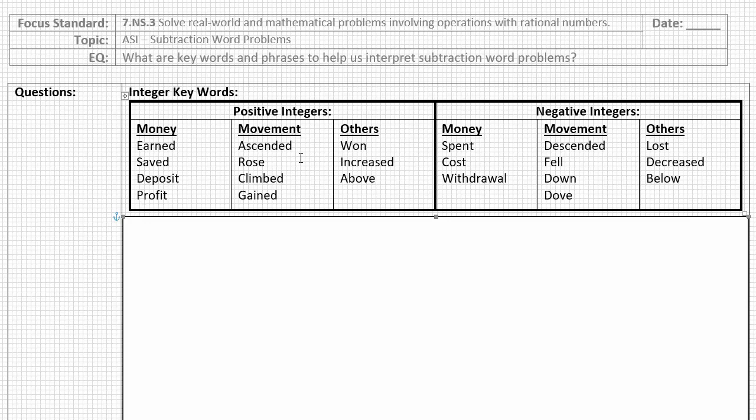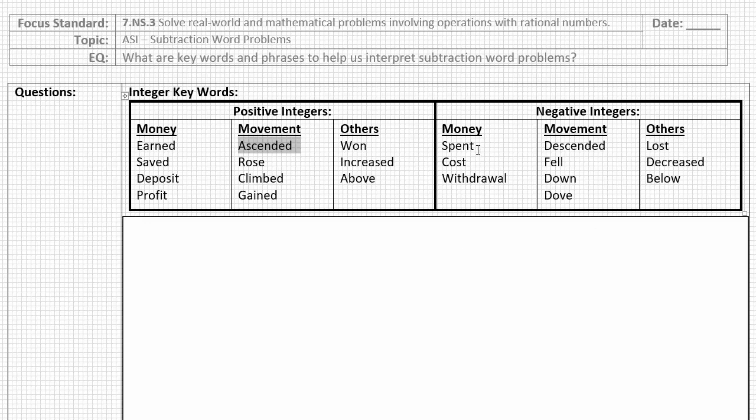Under movement we have ascended, rose, climbed, gained. Ascended is one I know in class we've talked a little bit about, and it means to move up, which would make sense since it's under the positive integers. Some other words that we sometimes see representing positive integers are one, increased, or above.